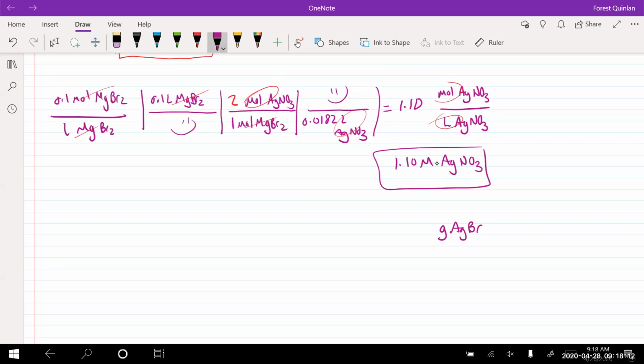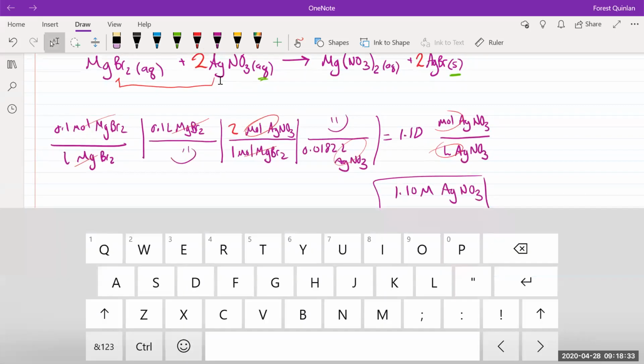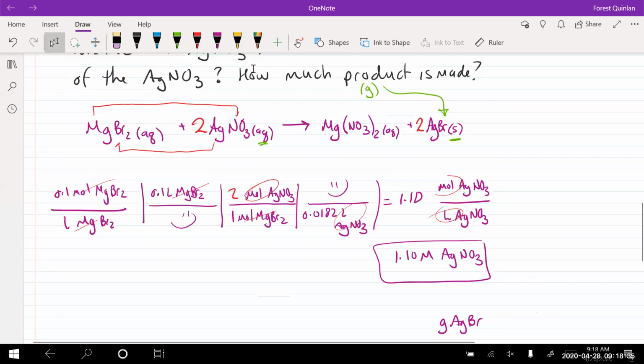So we have to ask ourselves, is there anything up there that looks like grams? Hopefully, you guys said, yeah, I see up there in that prompt. Go back up there in that prompt. I see that there is a molarity, and in there, hidden in there, are some moles, and moles are grams.